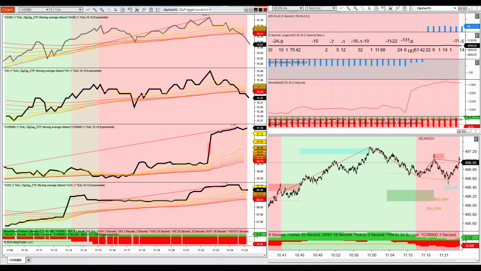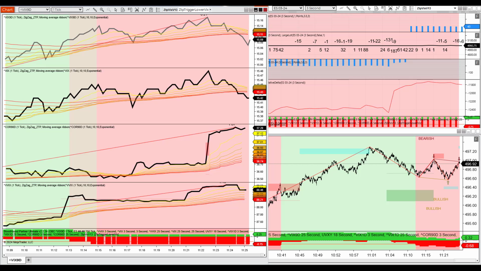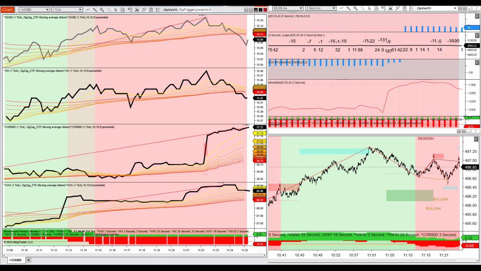We see buying. The VIX continues to fall. We have our divergence signal. The VIX now starts to creep up.